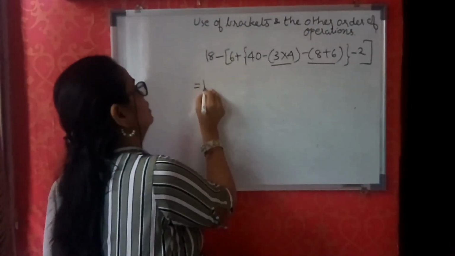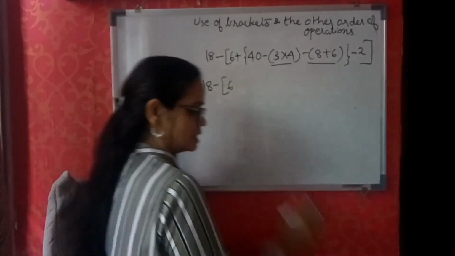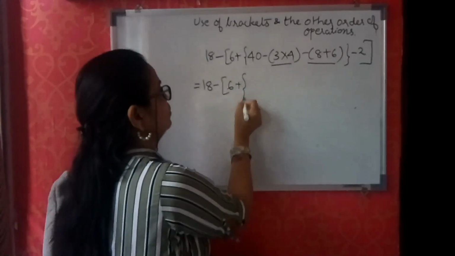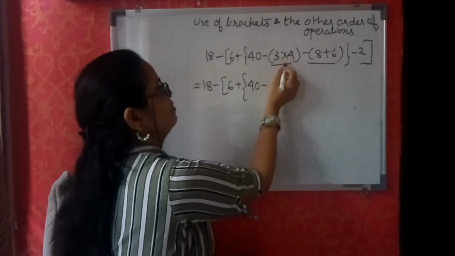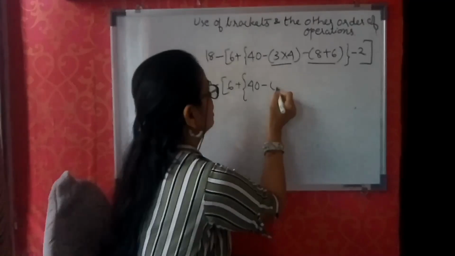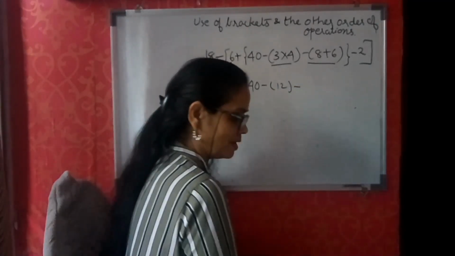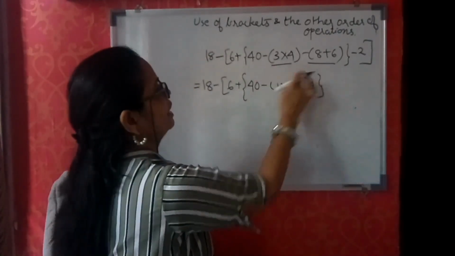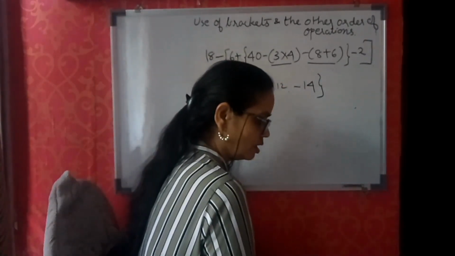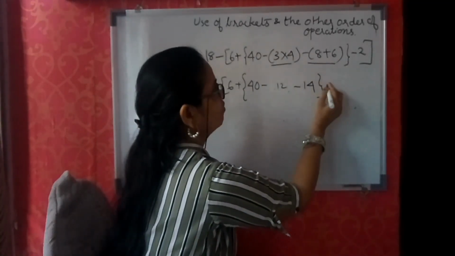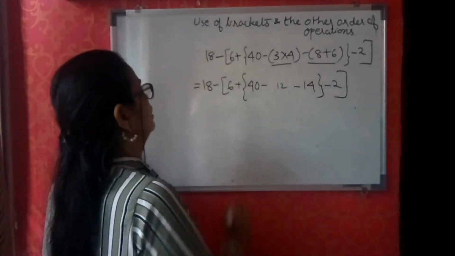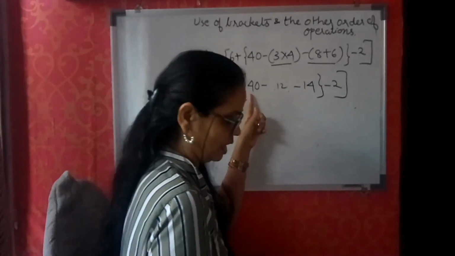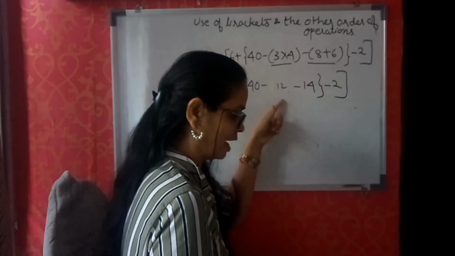So we will solve 18 minus 6. Go systematically only. 3 4s are 12, right? Minus 8 plus 6 is 14. Then this bracket has been removed. Understood? Now, when we are solving this, 6 plus 40 is positive, 12 and 14 are negative.